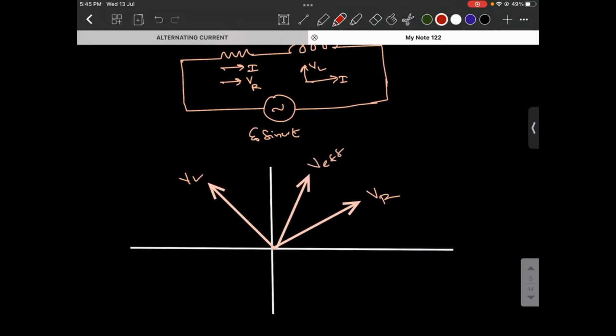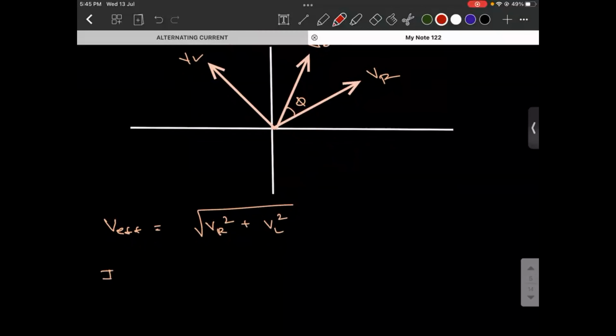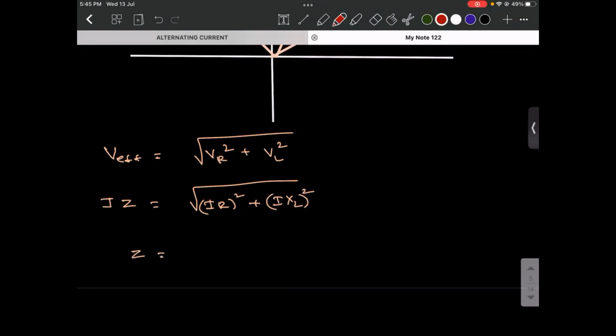V effective will be in this way, and this angle you can take as phi. So phi is always taken with respect to the effective value and the resistor. V effective will be equal to root of VR square plus VL square. What is V effective? It will be I into Z, equal to root of IR the whole square plus I into XL the whole square. From here you can write Z is equal to root of R square plus XL square. I hope this point is clear.